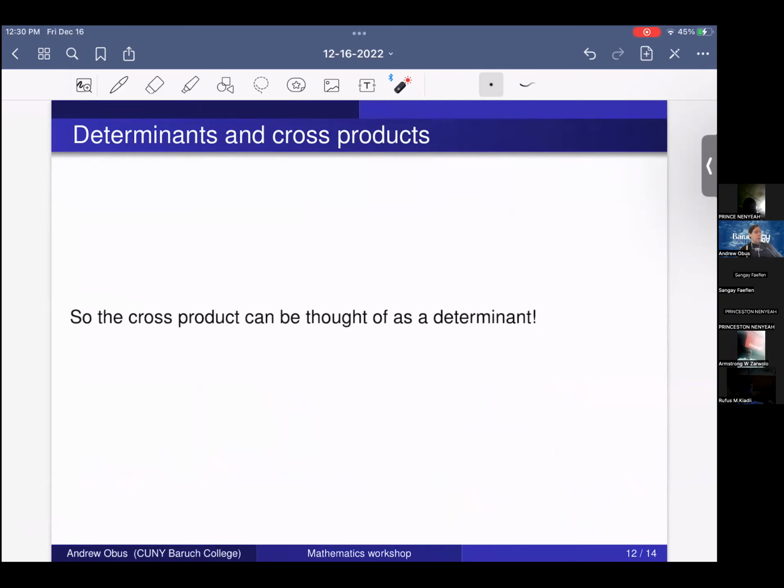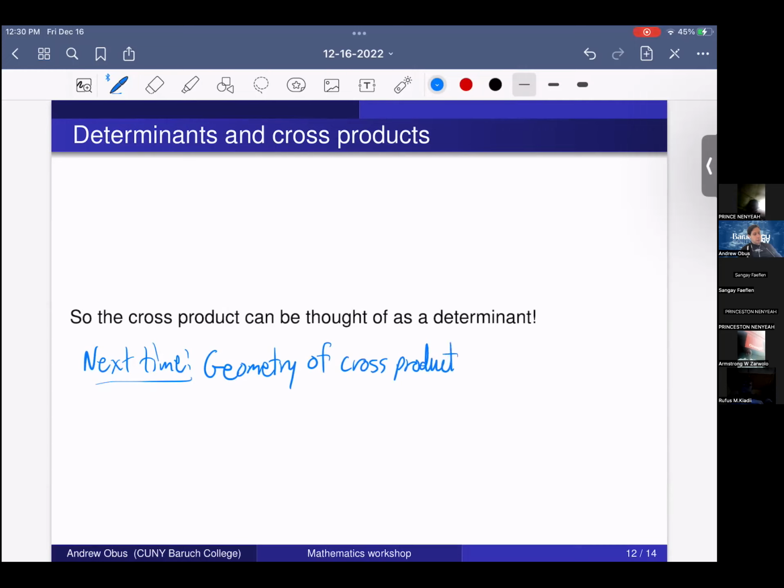Okay. So we're basically out of time for today, but what I want to say is next time we're going to have the geometry of the cross product and determinant, meaning what do they mean?